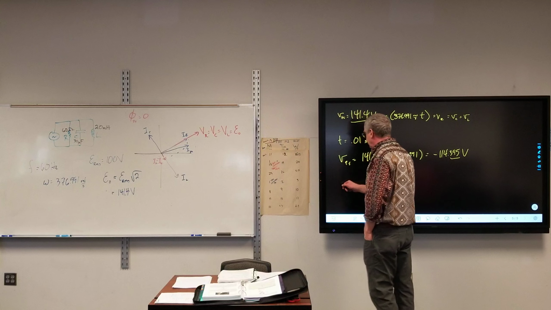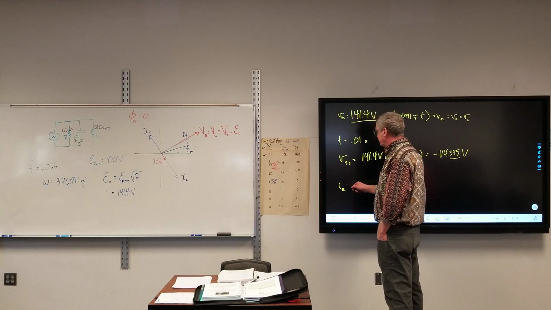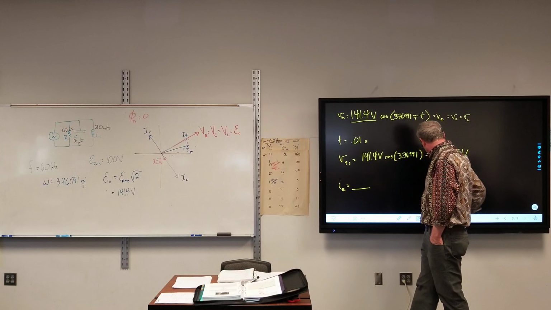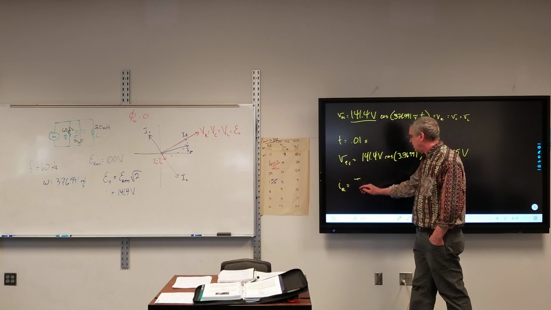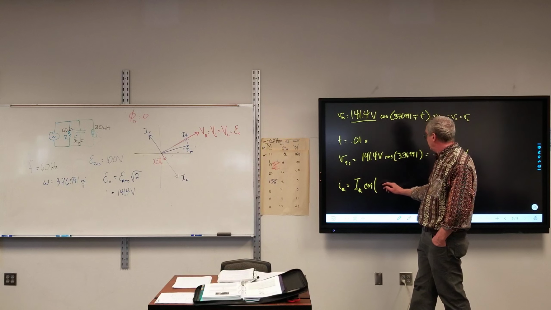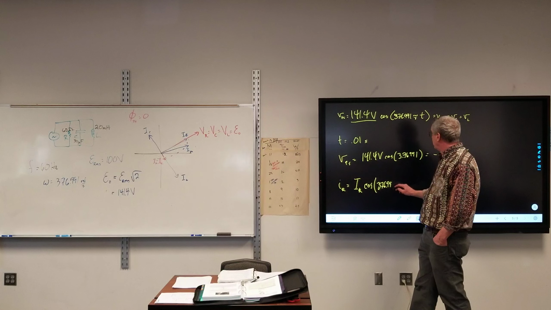So the current across the resistor is going to be equal to capital I sub R cosine of 376.991 radians per second times time.